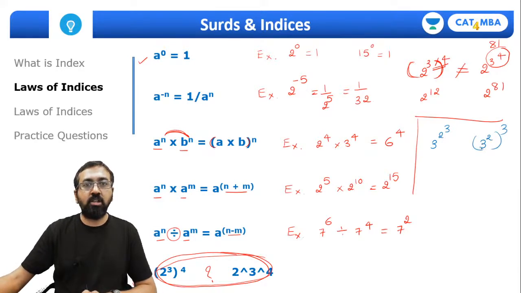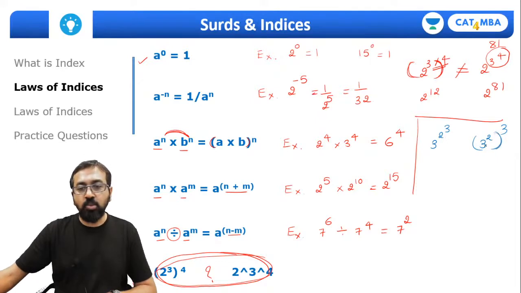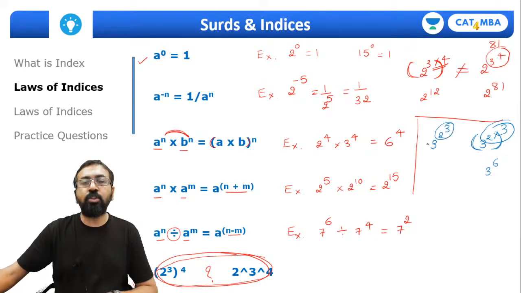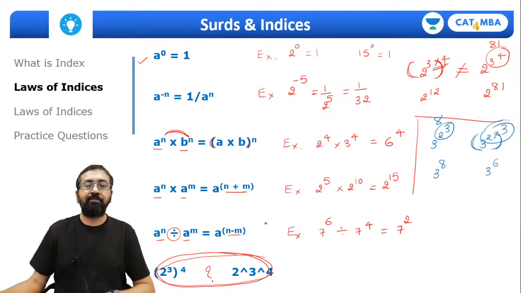Whenever there is whole to the power 3, 3 raised to 2 whole to the power 3, these two powers will multiply with each other, 2 into 3, so this is 3 raised to 6. And whenever it's given 3 raised to 2 raised to 3, this has to be interpreted as 2 raised to 3. So 2 raised to 3 is 8. So this result is 3 raised to 8.